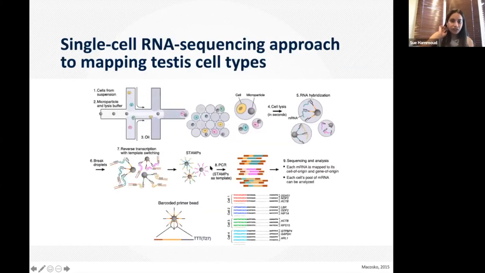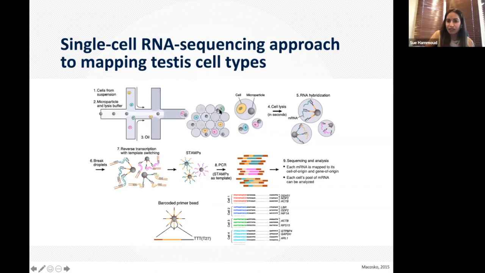Just to briefly explain how Drop-seq works: you have these microparticles that have oligonucleotides attached to them. You flow in cells, and you flow in oil and lysis buffer, and you basically form these little oil droplets. For your estimated input, about 1 in 10 droplets actually has a bead and a cell together.